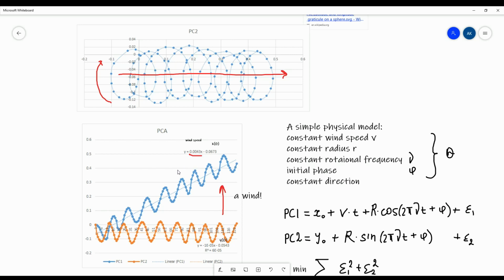Look, we immediately solved the big part of the problem of the poster of that problem on Stack Exchange, which we started looking at in part 1 of this video. The poster was interested in maybe the speed and direction of the wind, right? Here's your speed of the wind, 4.3 meters.